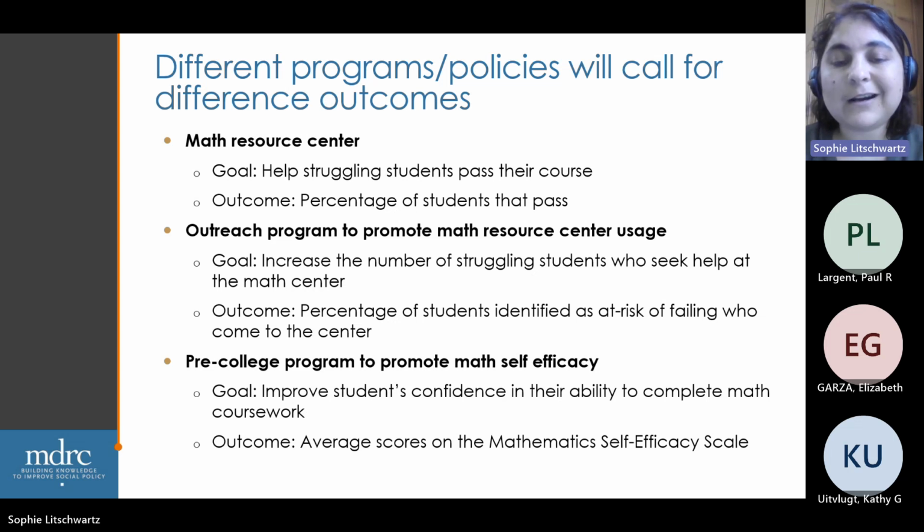And there my outcome is the percentage of students identified as at risk who come to the center. Or I might have a pre-college program to promote math self-efficacy. There I want to improve students' confidence in their ability to complete the math coursework. And so there I might use an outcome of the average score on the math self-efficacy scale.